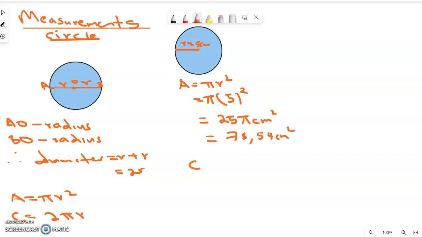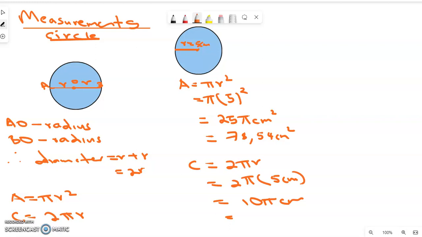Then the circumference will be given by 2 pi r. So it's 2 pi into a radius of 5 centimeters. So this would be 10 pi centimeters.